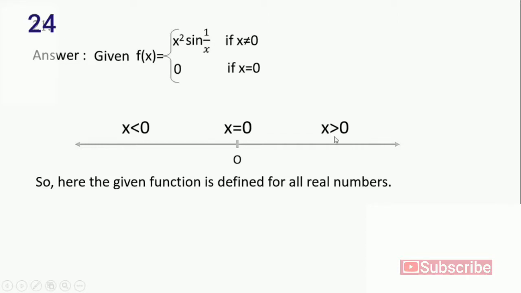So this function is defined for all real numbers, positive and negative, as x square sine of 1 by x, and at exactly 0, f(x) is equal to 0. This much is to be used, isn't it?